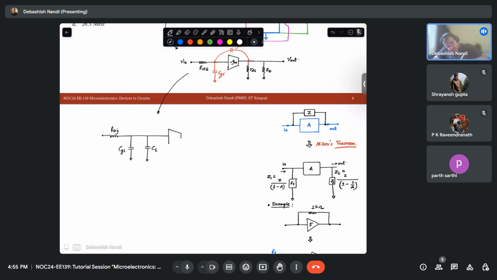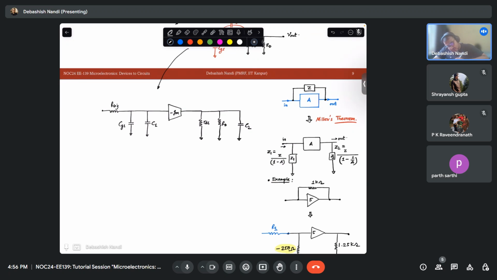So I will have this GM, then I will have RDS. I will have RD. And I will have a C2. So can you quickly tell me the value of C1 and C2?